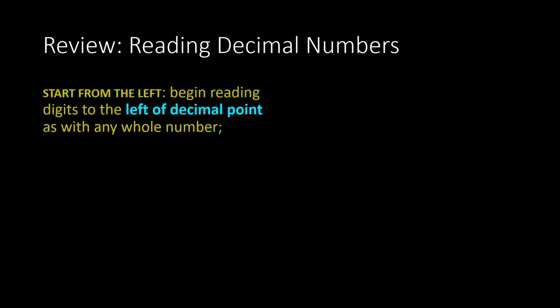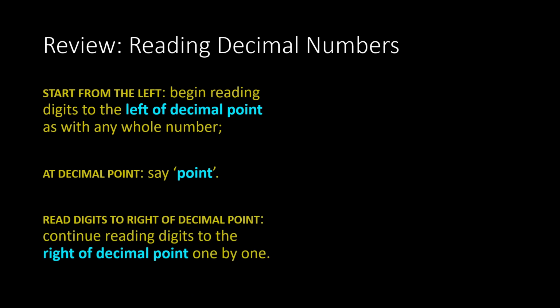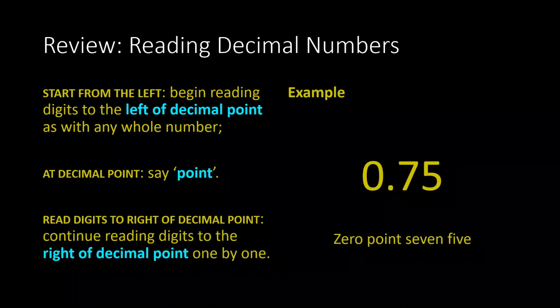How do we read decimal numbers? We start from the left. We begin reading digits to the left of the decimal point, as with any whole number. At the decimal point, we say point, and then read the digits to the right of the decimal point. We continue reading the digits one by one. So for example, this number is 0.75.